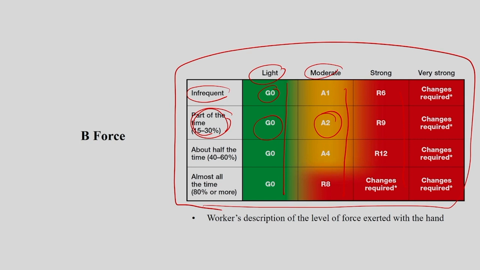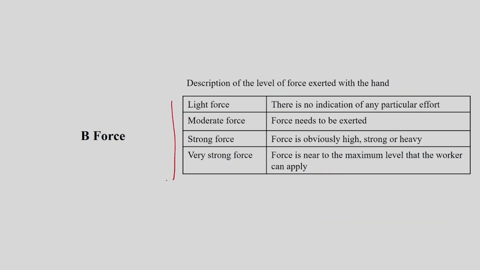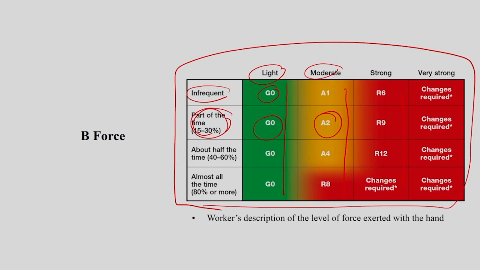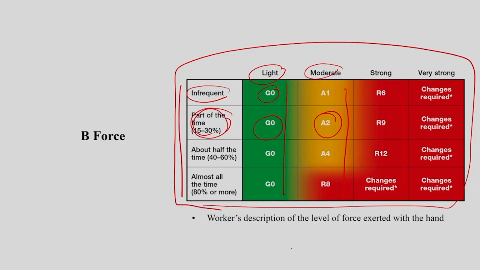First you have to select what kind of force they are going to use, and then you have to see at what frequency they are using it. Based on the amount of force and the frequency of utilization, you will get the force value and color.